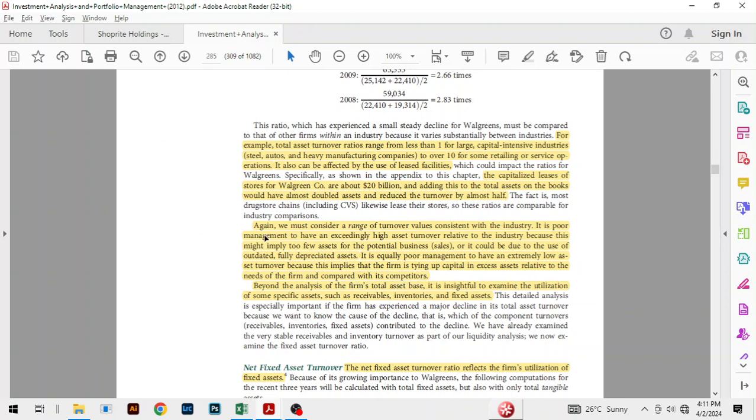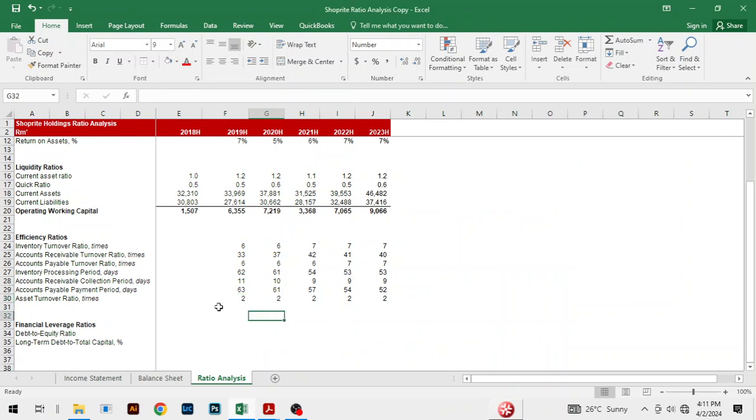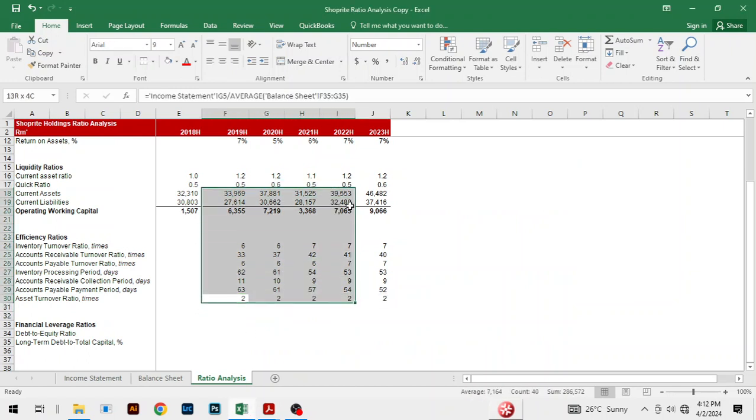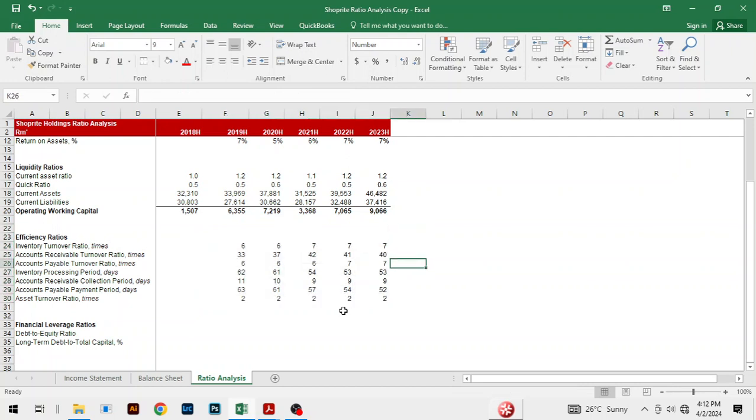So for us to make a good judgment, we need to compare these ratios with Shoprite Holdings peers, so that we can make an informed decision and be able to comment whether Shoprite is using dilapidated assets, or is generating above average revenue from its assets. Is it efficiently turning those assets into revenue?